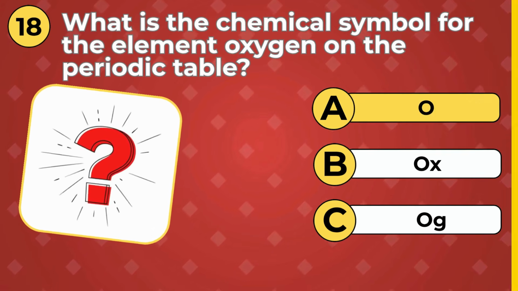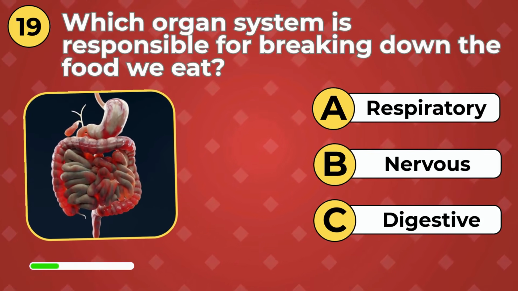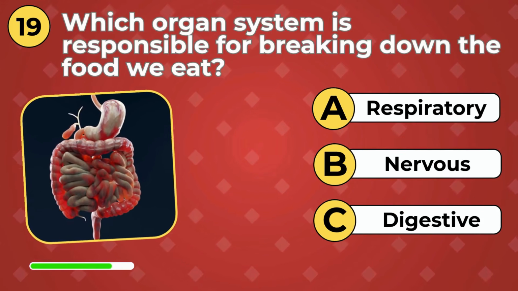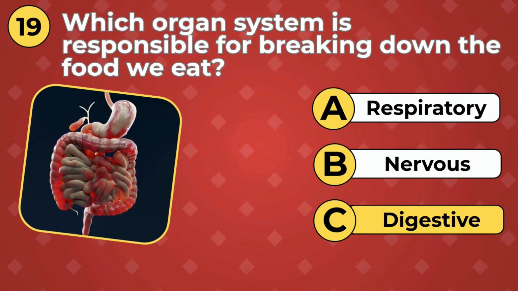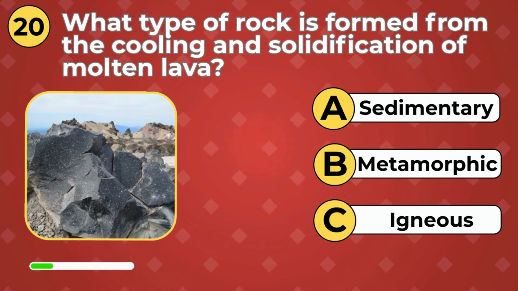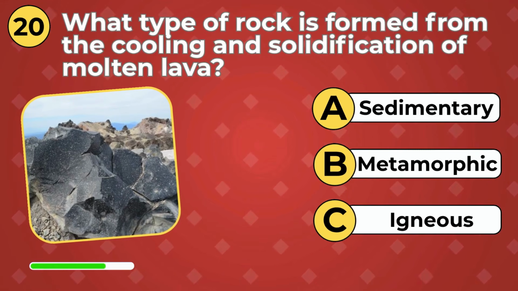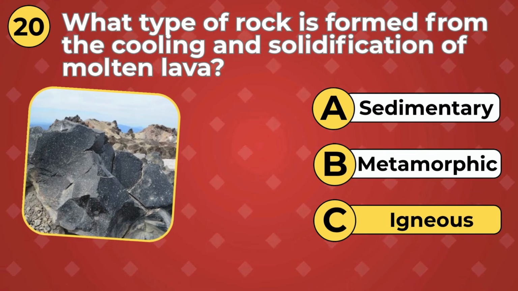It's O. Which organ system is responsible for breaking down the food we eat? Respiratory, nervous, or digestive? Digestive system. What type of rock is formed from the cooling and solidification of molten lava? Igneous rock.